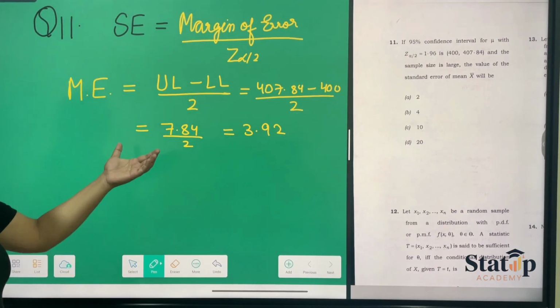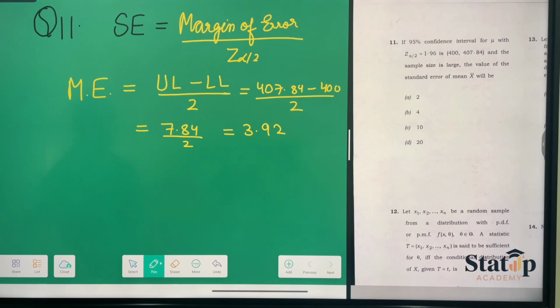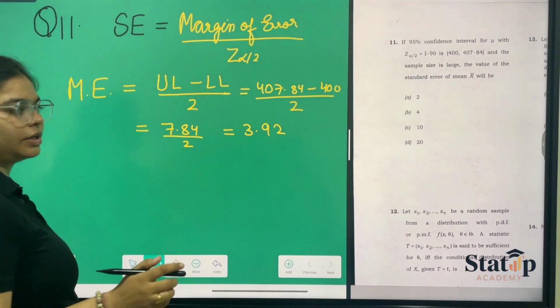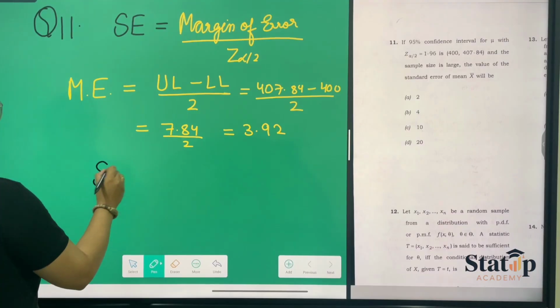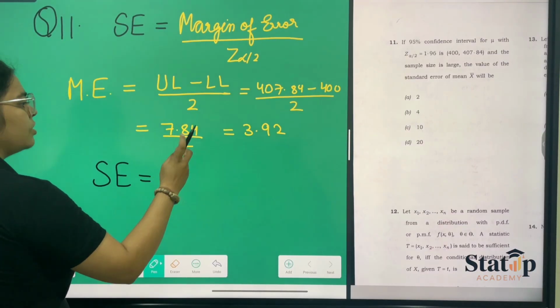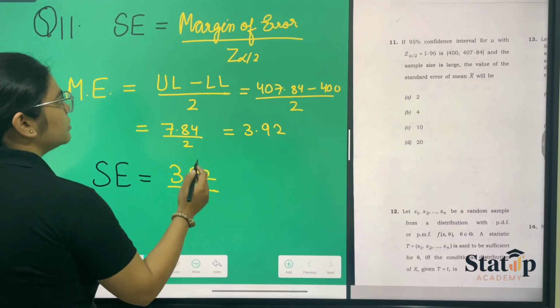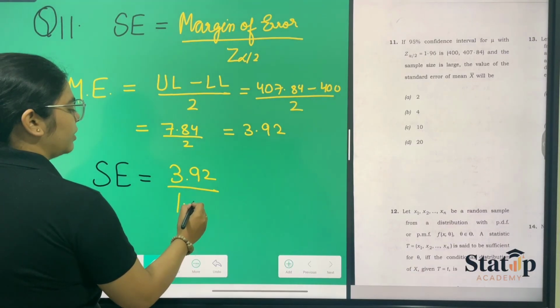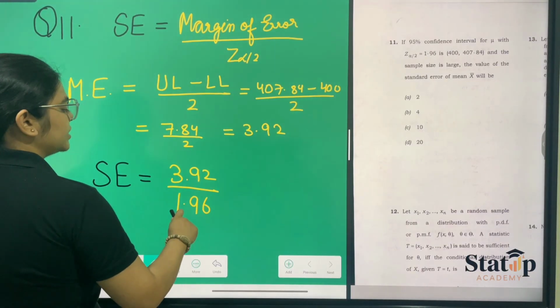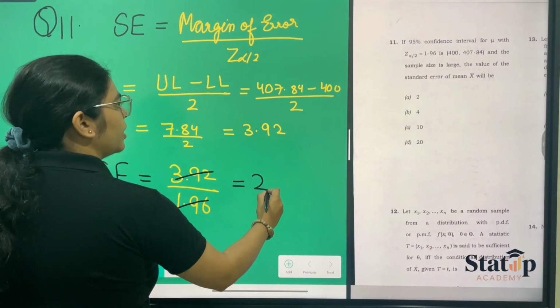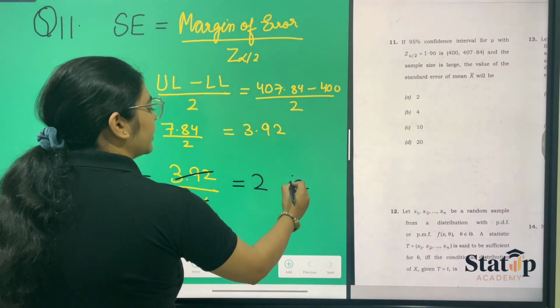So we have got the margin of error. Now we have to put it in the standard error formula. Standard error is equal to margin of error, which is 3.92, upon z alpha by 2, which is 1.96. Clearly, this is divisible by 1.96 and your final answer will be 2, which is our option number A.